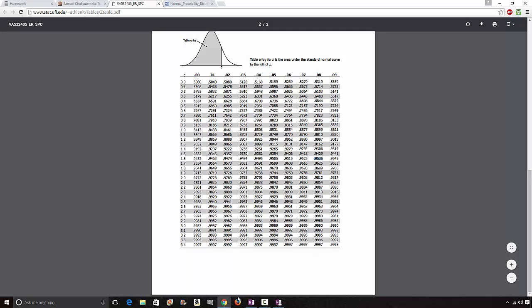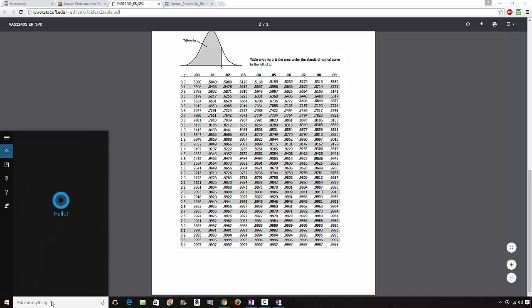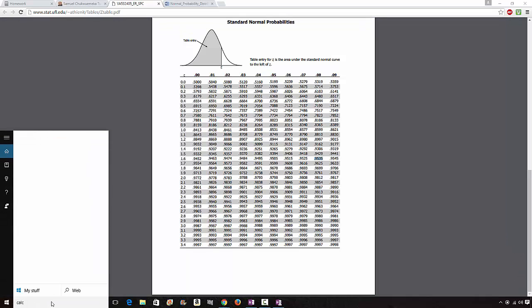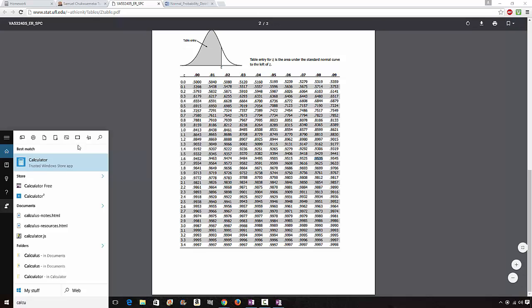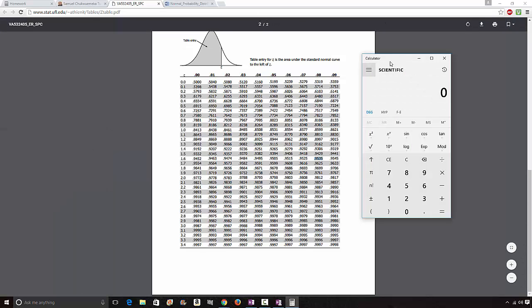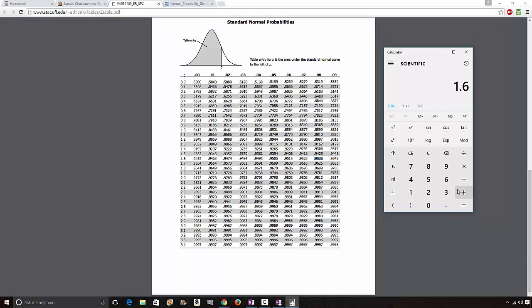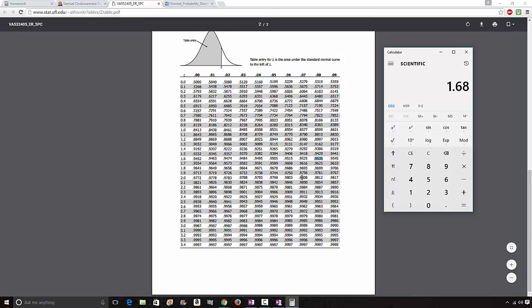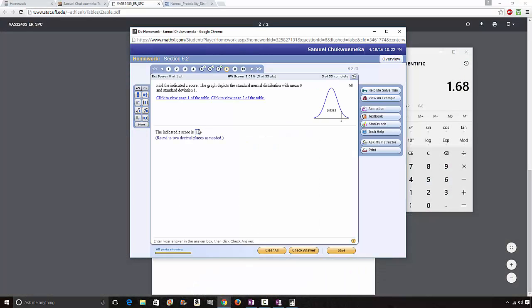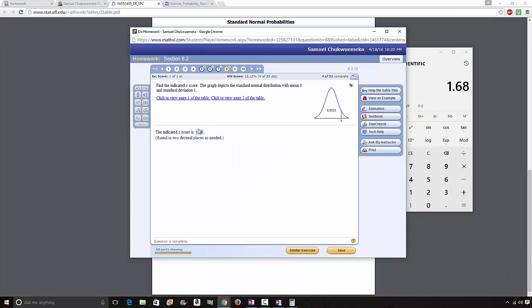That is how we got the 1.68. We talked about this in the first video, but I will show it to you here. So this is 1.6 plus 0.08. That gives you 1.68. So you just come over here and you put it in. That's all. 1.68. Okay.